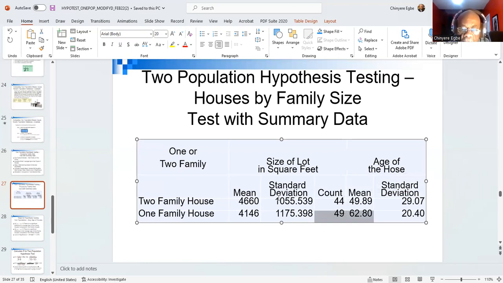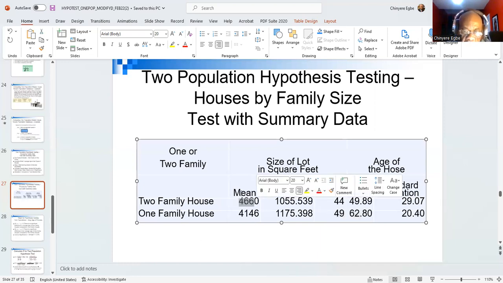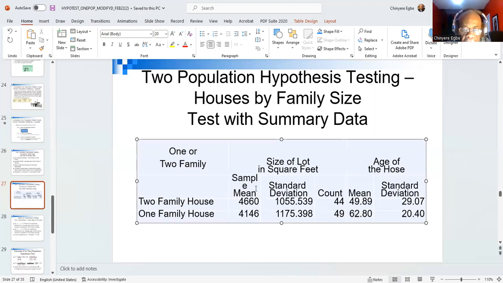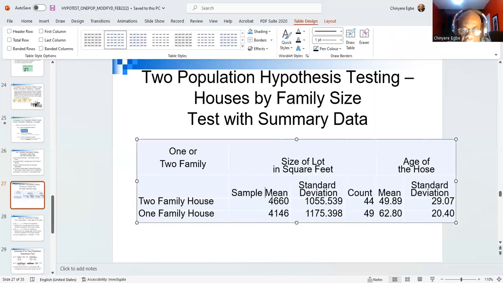And ask yourself, what is the average size of the houses in terms of square footage? You calculate the sample mean. So this is the sample mean.